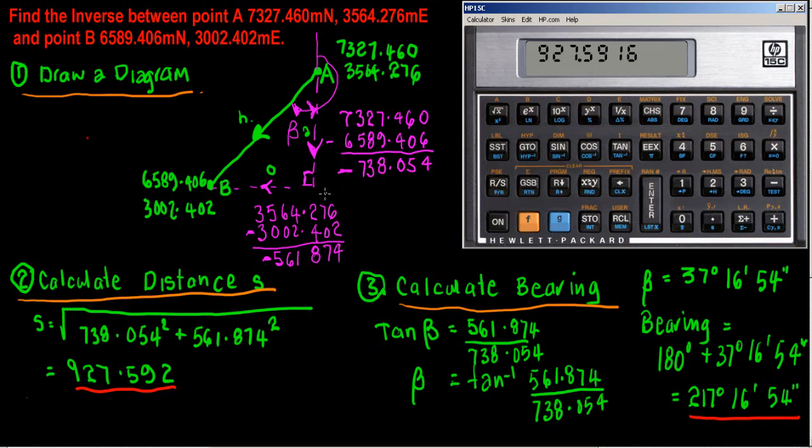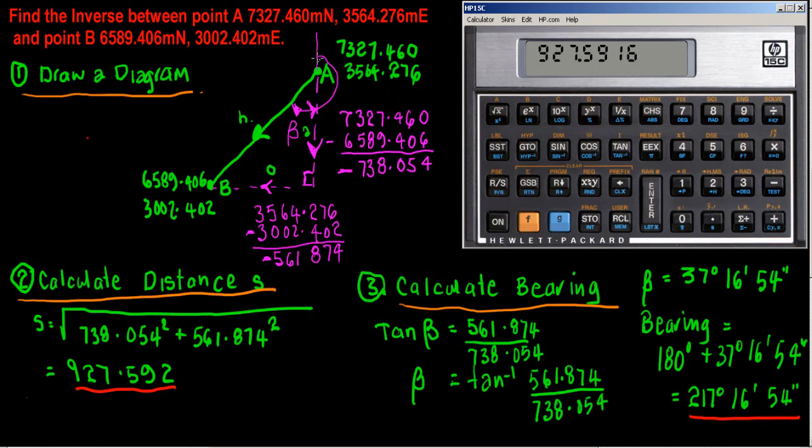Using the easting of A, subtracting the easting of B, because that's the easiest calculation to do, we get 561.874, and I've shown that as negative because that's the direction that we're travelling. I've just put those directions in there because we're going to use those a little bit later on.